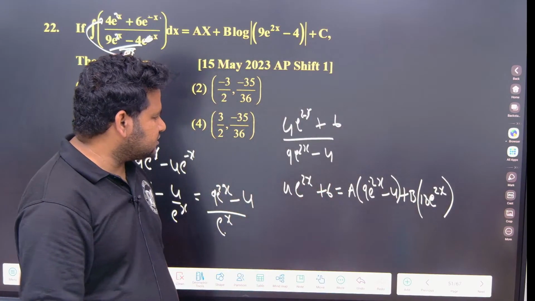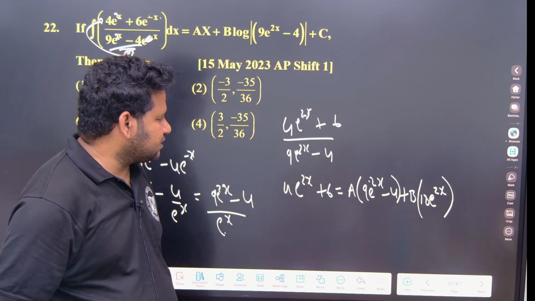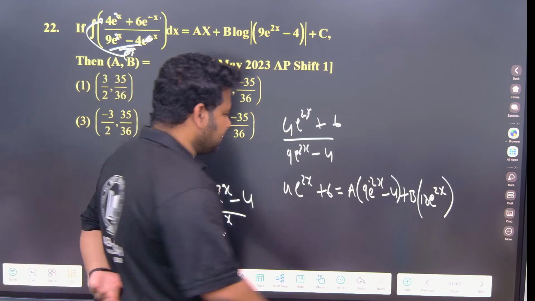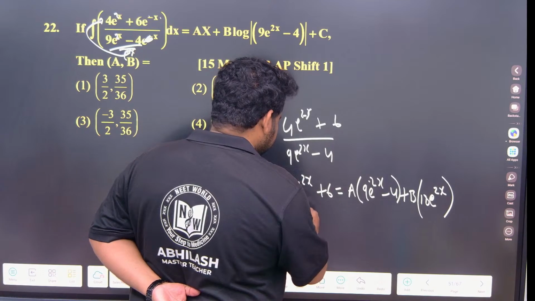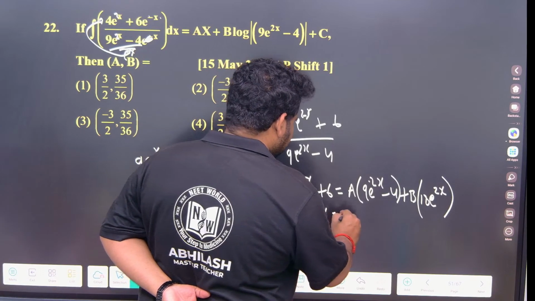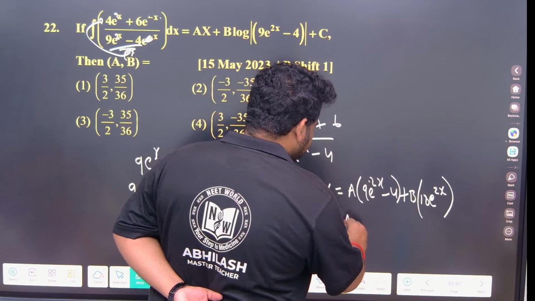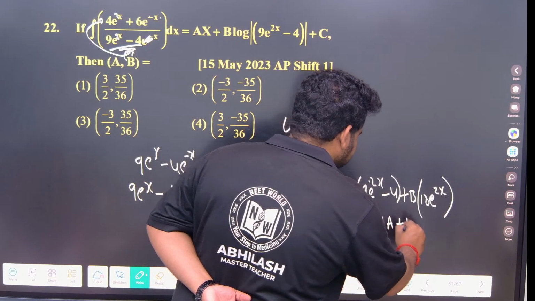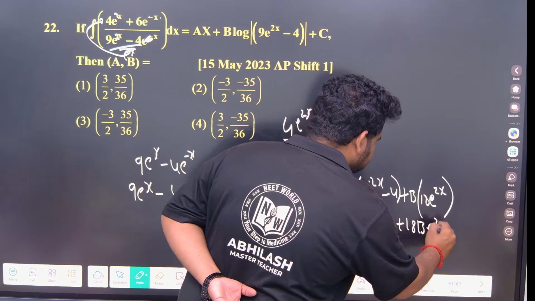Okay. Now let us take the coefficients. Let us take the coefficients of e power 2x. Let us multiply. We have 4 into e power 2x plus 6 is equal to a into 9 into e power 2x minus 4a plus 18b into e power 2x.